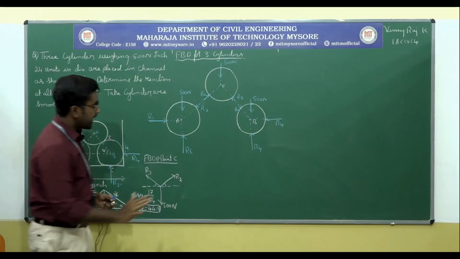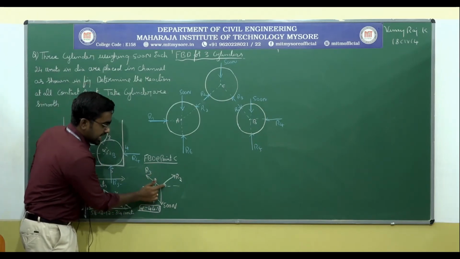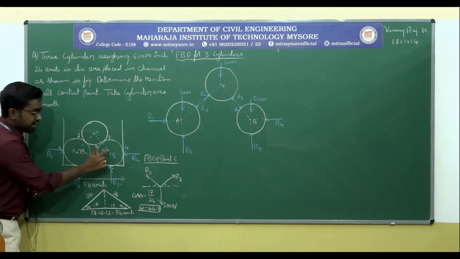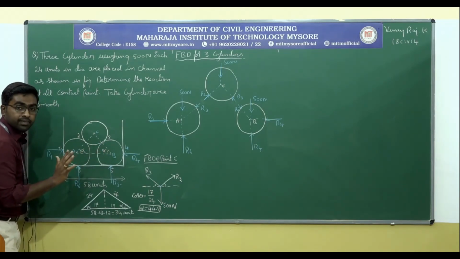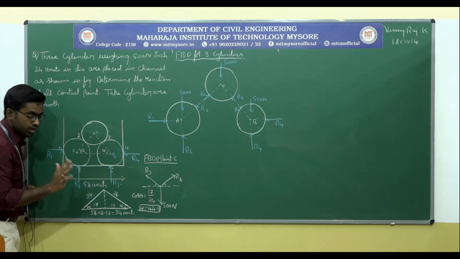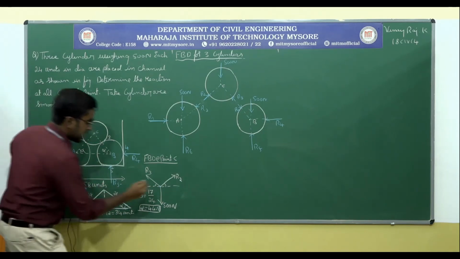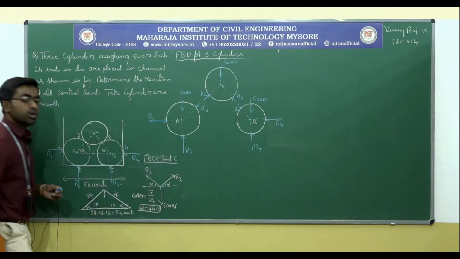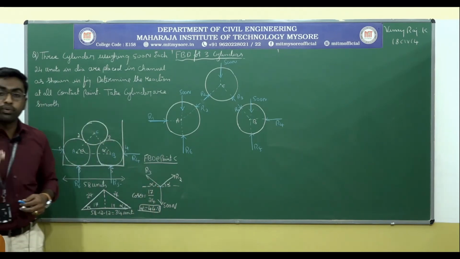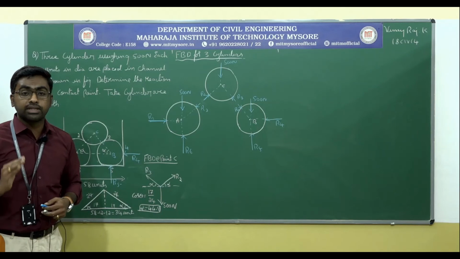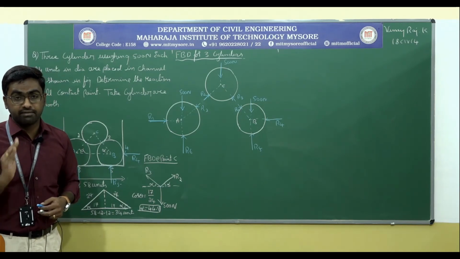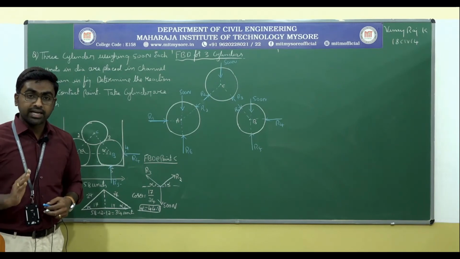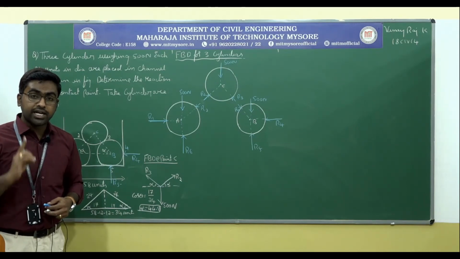So in order to find this angle for R2 and R3, I have found the alpha value in this figure. Understood? Right? Okay. So even this angle will be equal to alpha and even this angle will be equal to alpha. So this is how you need to calculate the angle for the inclined forces, and it is very, very important. So writing the free body diagram will be important in each and every problem.